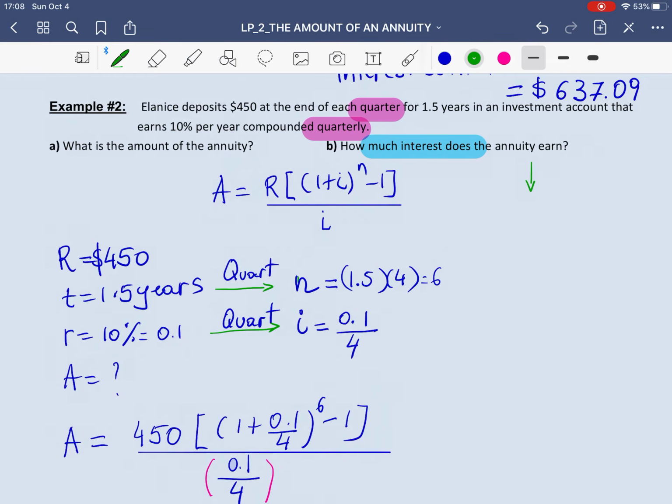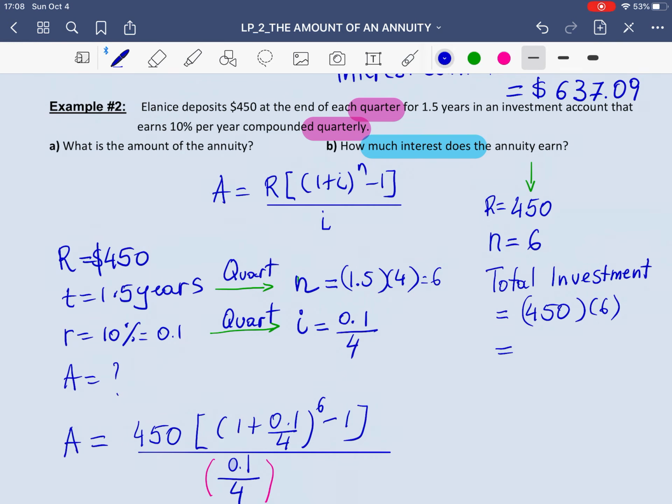Now remember that Alanis invested $450 at the end of each compounding period, and in total she had 6 compounding periods. So that means that her total investment, like the total principal that she added, step by step, after every compounding period, would equal 450 times 6.